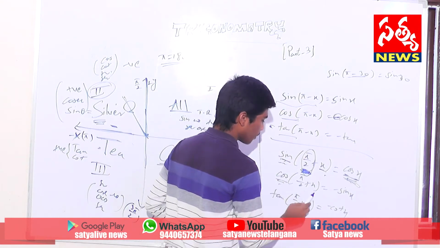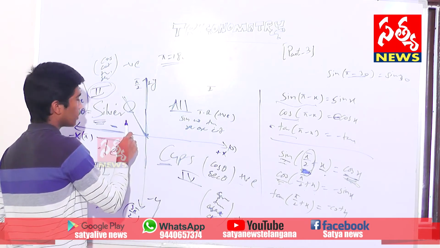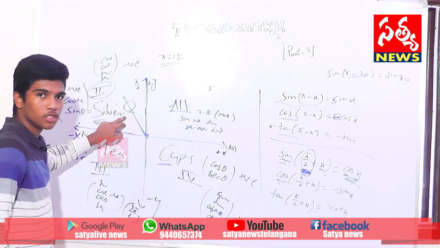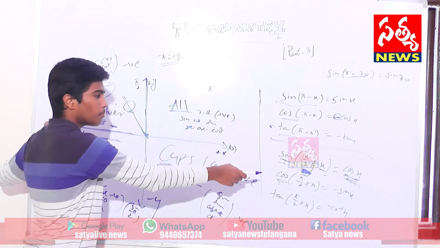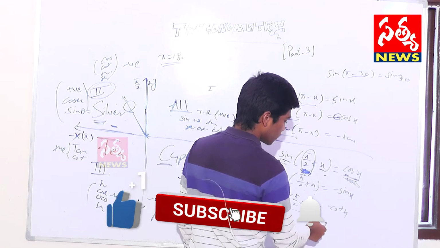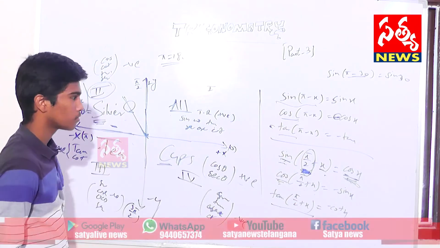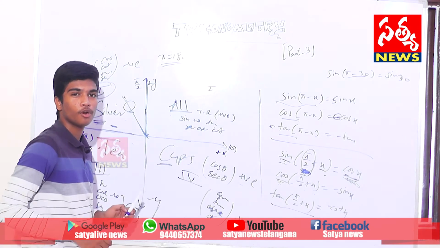Next, cos pi by 2 plus x is in the second quadrant. As cos is negative in the second quadrant, we got minus sin x. And the last one is tan pi by 2 plus x. Same as here, it is in the second quadrant, we got minus cot x. Hope you are clear.